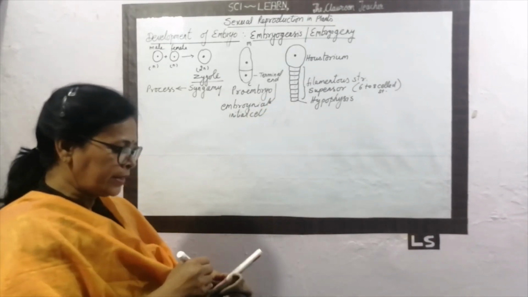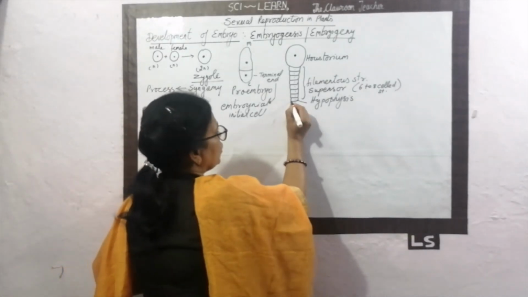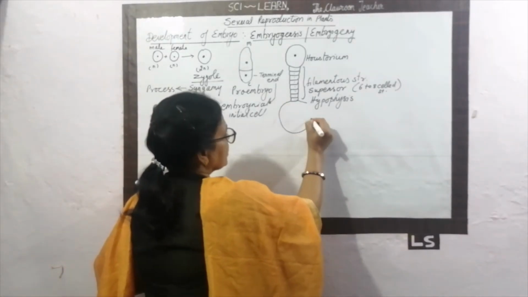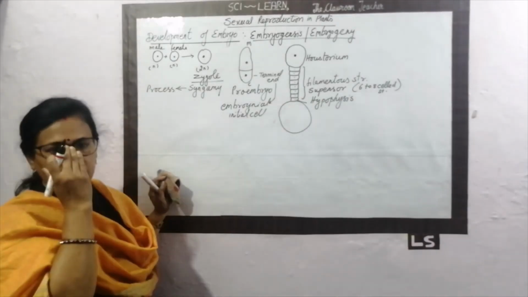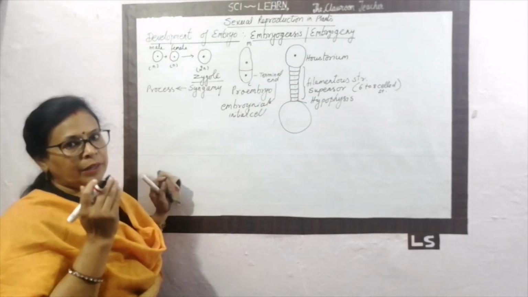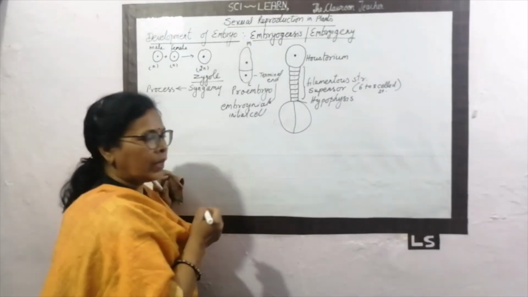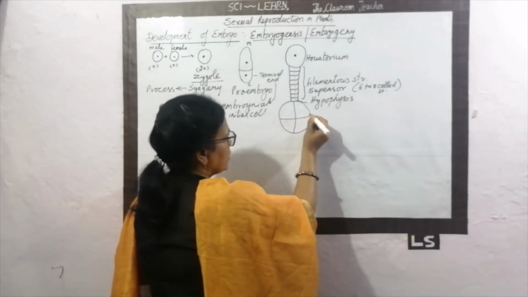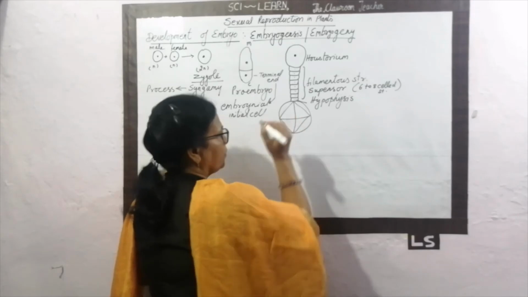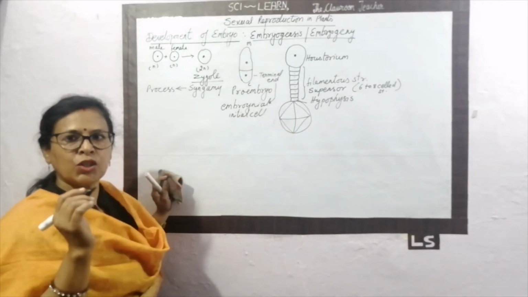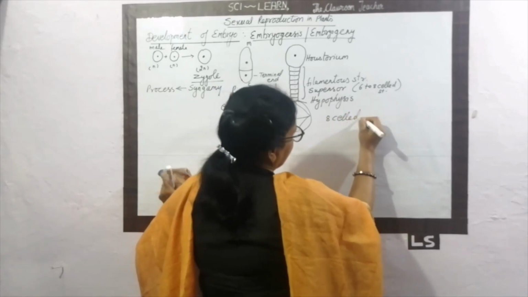Now, what happens with this embryonal initial cell? It enlarges and goes into the division state. What is the division state? It divides mitotically to form 2 cells, again to form 4 cells, then to form 8 cells. It means it reaches the 8-cell structure.